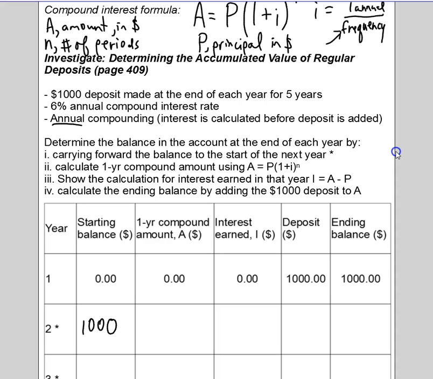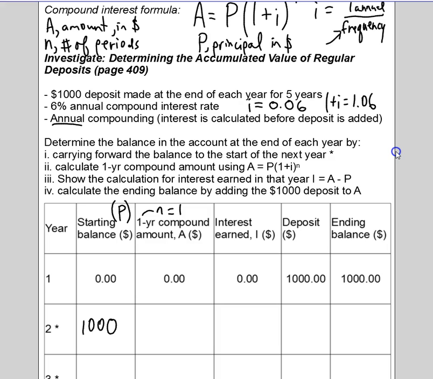Now this $1,000 is going to earn interest according to the compound interest formula. Principal would be the starting balance. We calculate amount by taking that and multiplying by, in this case, 6% interest. Our interest value would be 0.06 added to 1. 1 plus i will be 1.06. The n that we're going to use here is for a 1-year term. So we're just calculating the amount that that $1,000 grows to at the end of that 1 year.